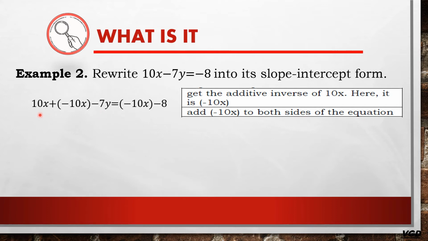So, that's why we have here our new equation, 10x plus negative 10x minus 7y equals negative 10x minus 8.